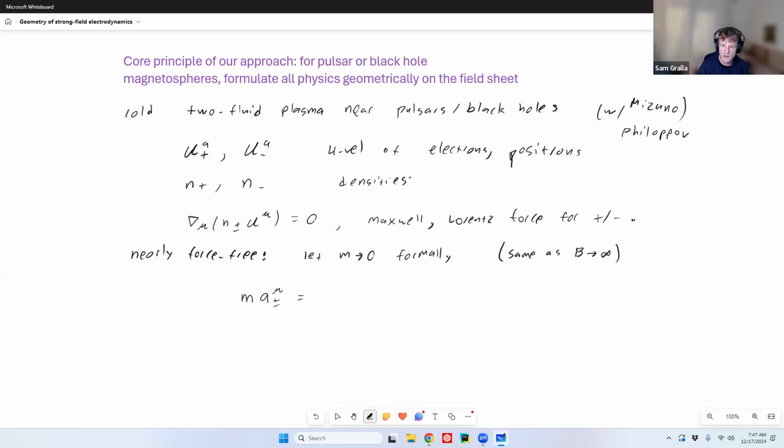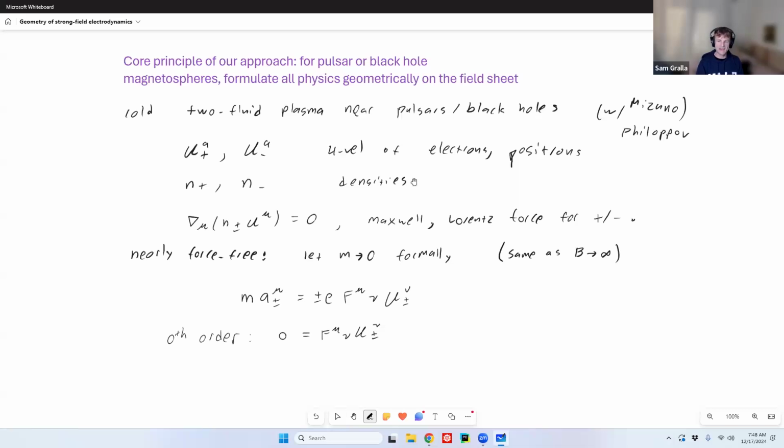The acceleration of the plus minus ones is going to be plus or minus e f mu nu u nu plus minus. And let's think about what happens when we send m to 0. Well, the left-hand side goes away. So at 0th order, we have 0 equals f mu nu u nu plus minus.